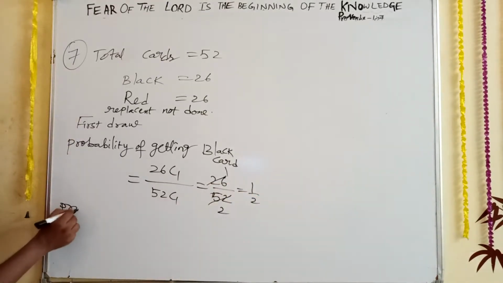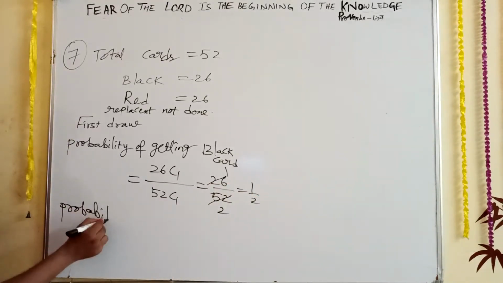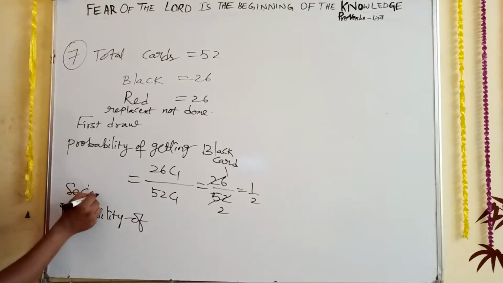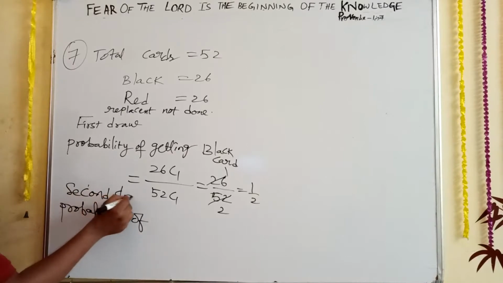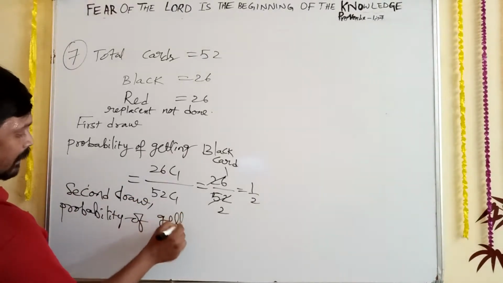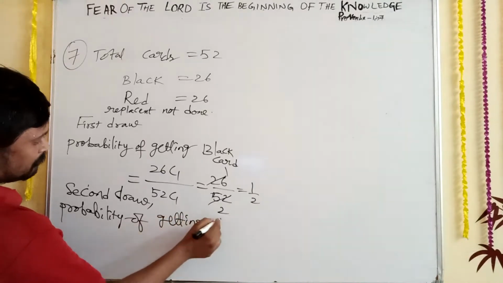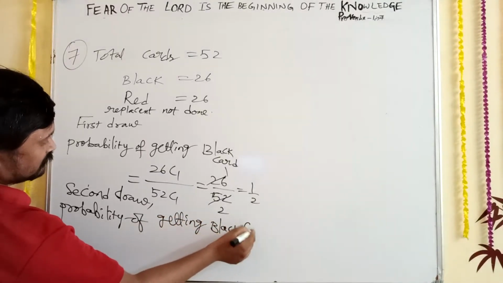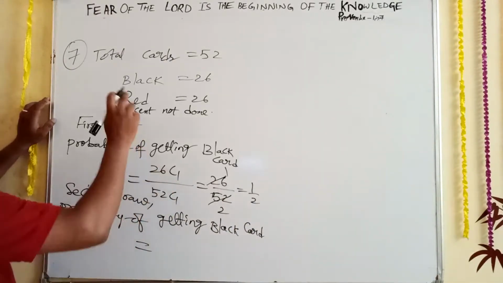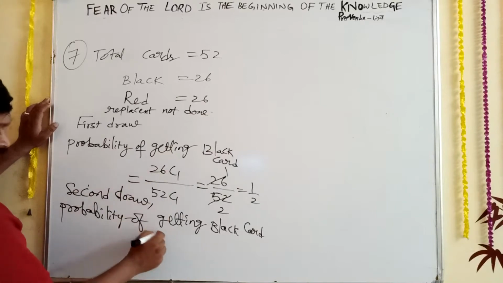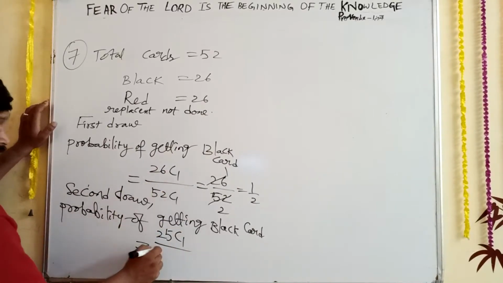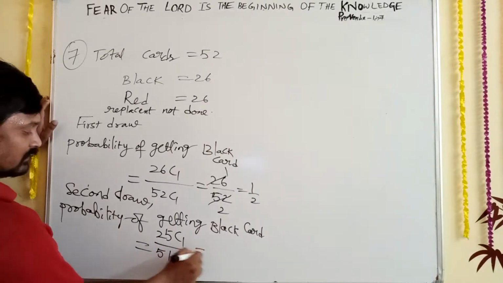Next, probability of getting, it is again the second draw. So in the second draw, probability of getting a black card. Now you can write, one already removed and it was not replaced. That means 25C1, and here also one removed, not replaced, then 51C1.